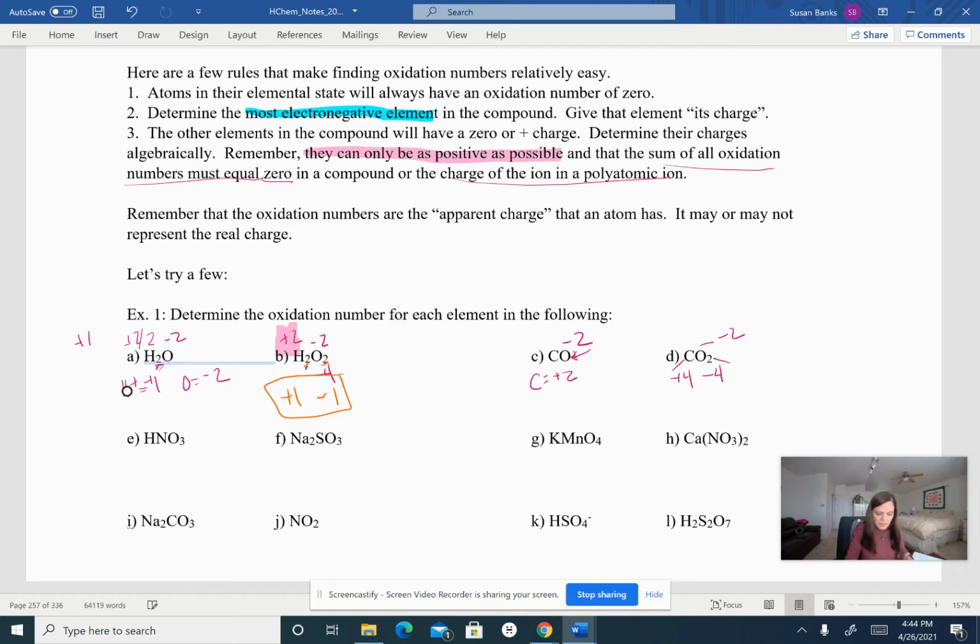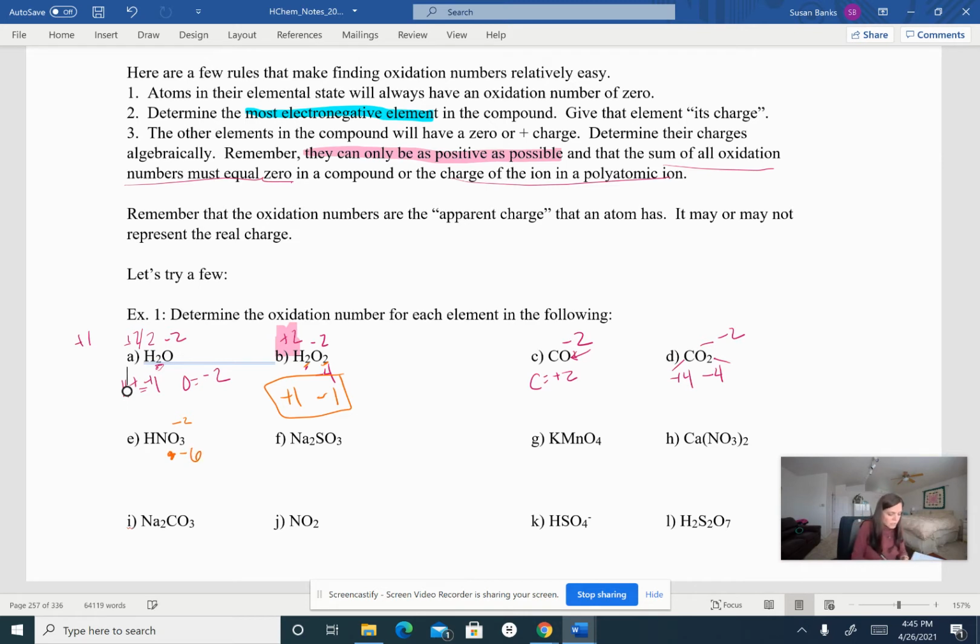We've got nitric acid here. Once again, we're going to start with the most electronegative element, which is oxygen. We're going to assign oxygen -2. So -2 times 3 gives us a whole charge of -6 for those oxygens.